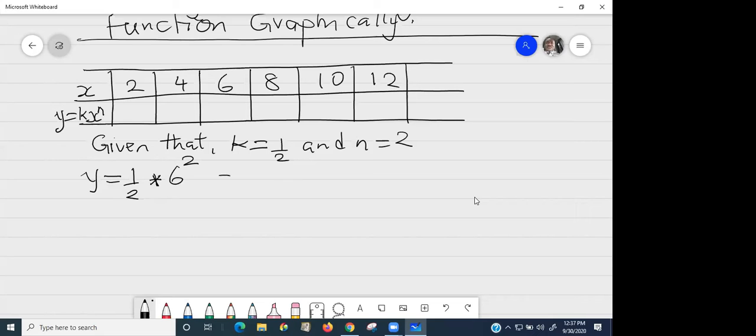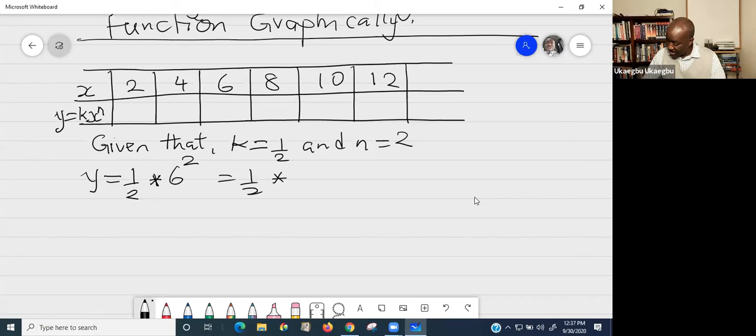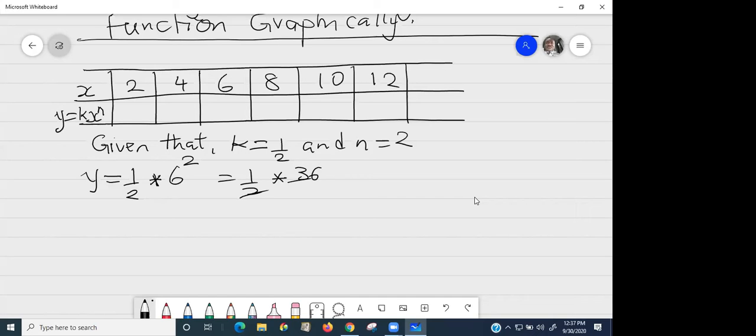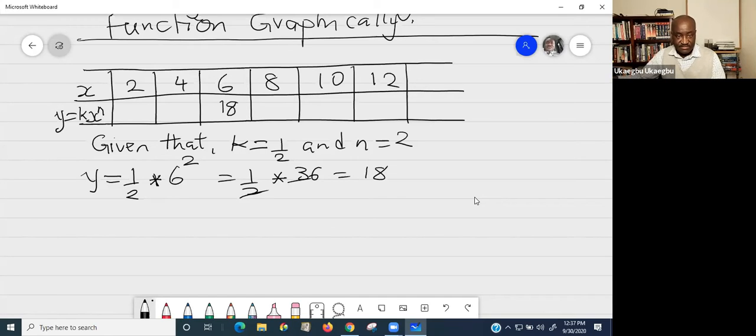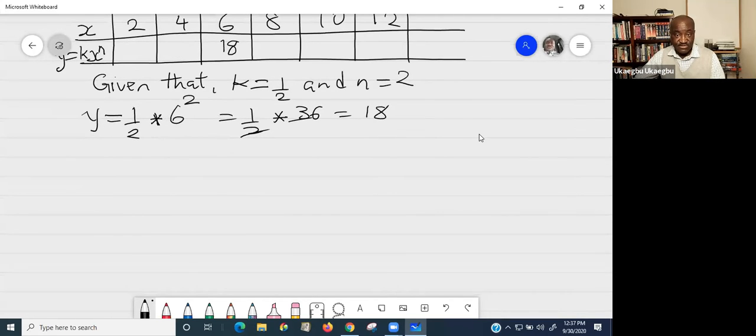That is going to give you 1/2 multiplied by 36. And what should that be? 18. So here is 18. And then you use that same method, the very same method, to compute the value when x is 2, 4, 8, 10, 12.